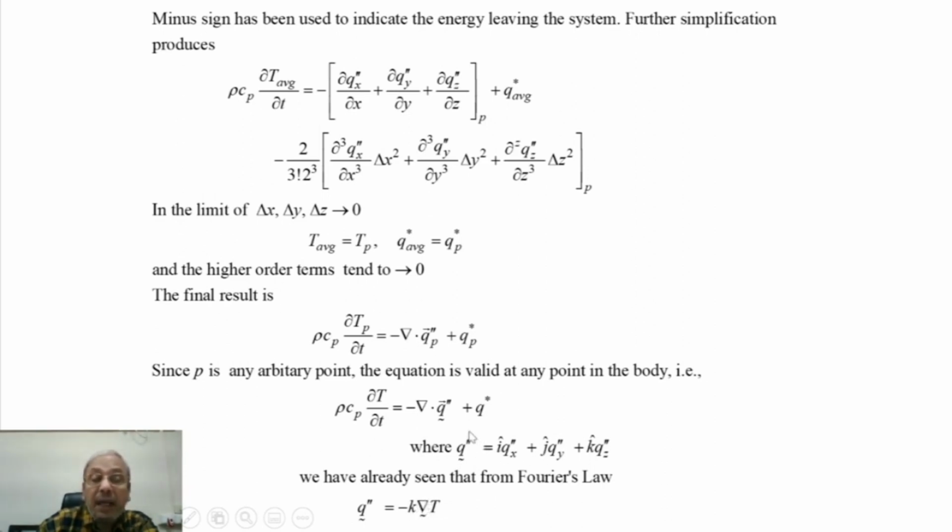So let me repeat that Q double prime can be written as I Qx double prime plus J Qy double prime plus K Qz double prime, these being the components of the heat flux vector in three mutually perpendicular directions, and the heat flux vector Q double prime is otherwise given by minus K into grad T. This we have seen earlier, that this is minus thermal conductivity into temperature gradient.